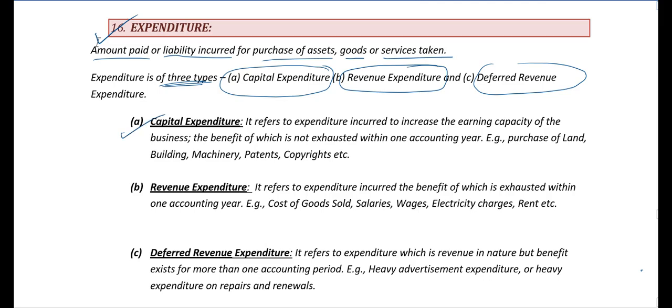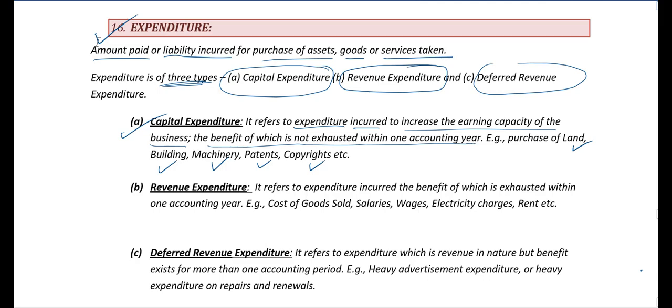What is capital expenditure? It refers to expenditure incurred to increase the earning capacity of the business and the benefit of which is not exhausted within one accounting year. For example, when you purchase land or building or machinery or patents or copyrights, it is an expenditure incurred to increase the earning capacity of the business.